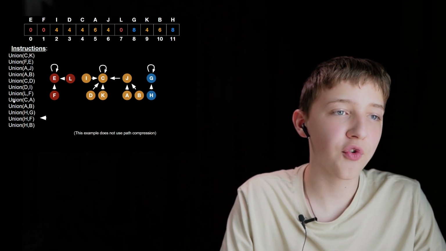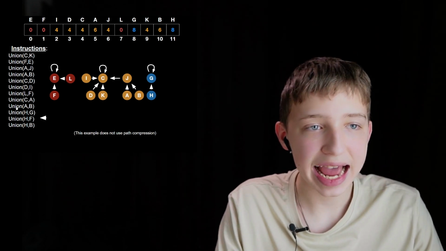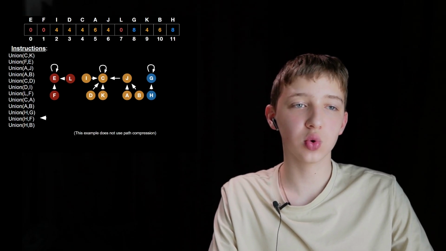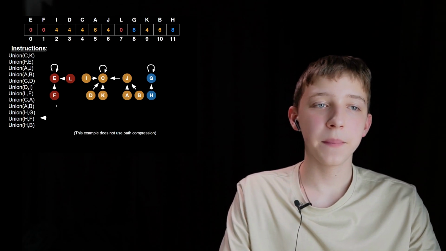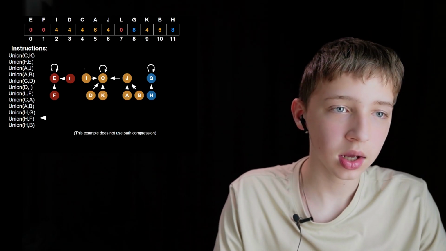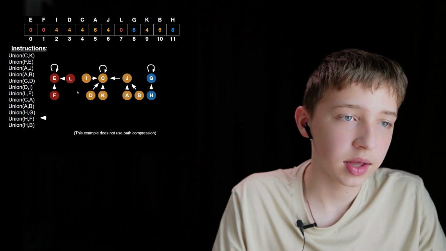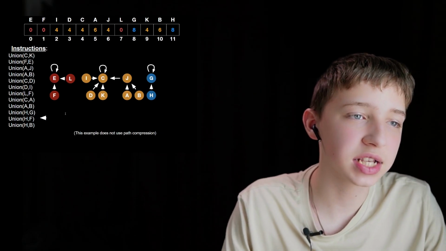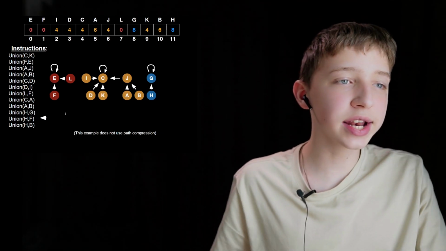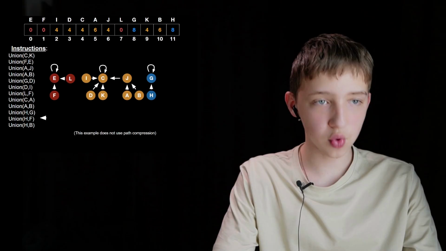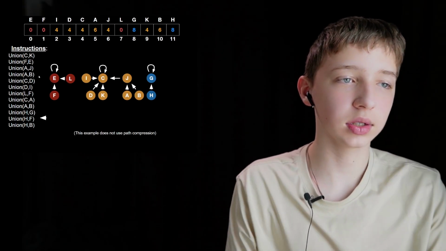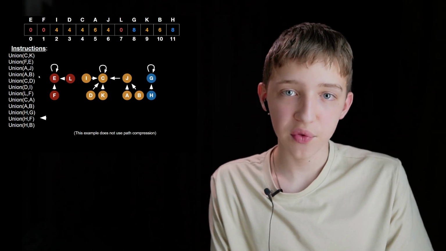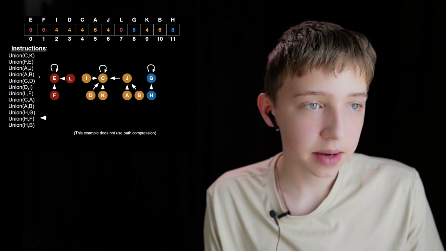And now we want to combine H and F. If we look, we can understand the parent of H, and we see that we need to combine it with the red group, because the root node of F is E.